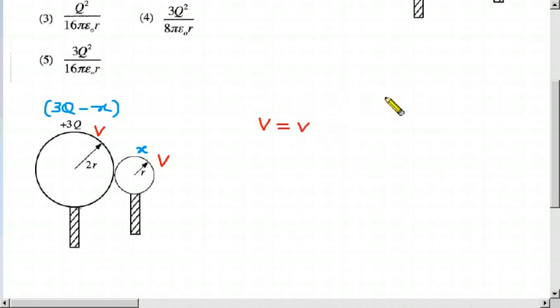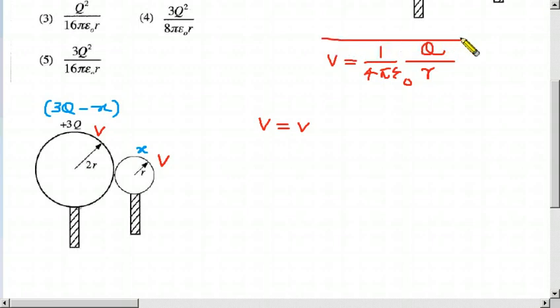What is the equation basically for V? 1 over 4 pi epsilon naught, Q divided by the radius of the sphere. This is the potential of a sphere. So we can use that equation. For the bigger one, we write 1 over 4 pi epsilon naught, and now it has 3q minus x as the charge.